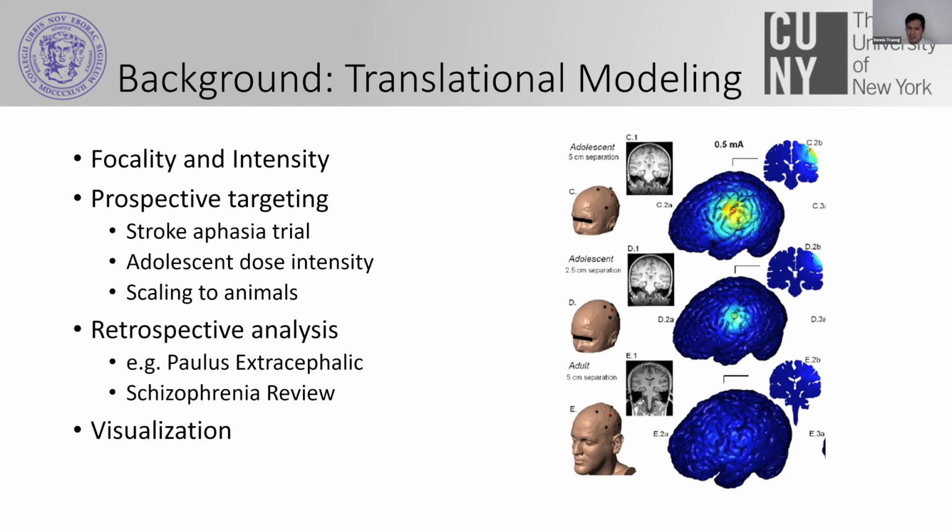There was a pediatric subject, and I think it was the first time an adolescent was being stimulated. So before the stimulation, we did some modeling, and we looked at the change in intensity produced between an adolescent subject versus an adult subject. That gave us a little scaling ratio. We do similar work in animals, again, to see that intensity scaling from subject to subject, subject to species.